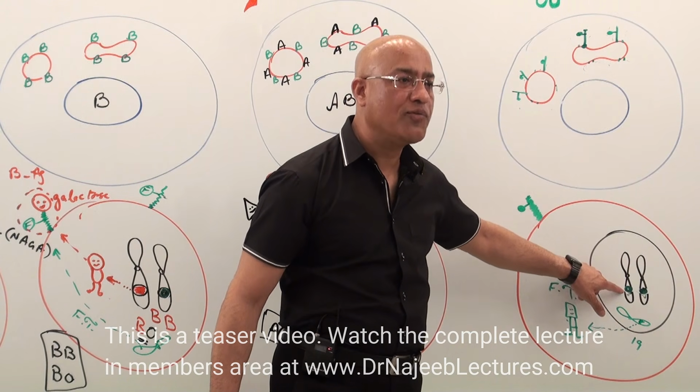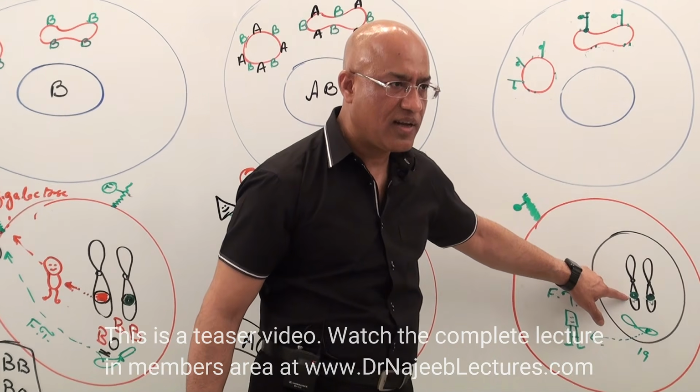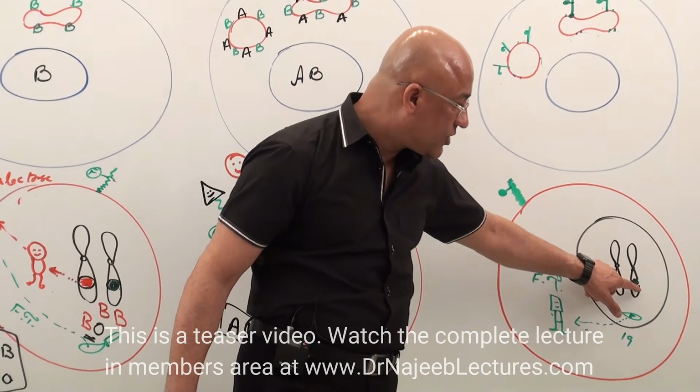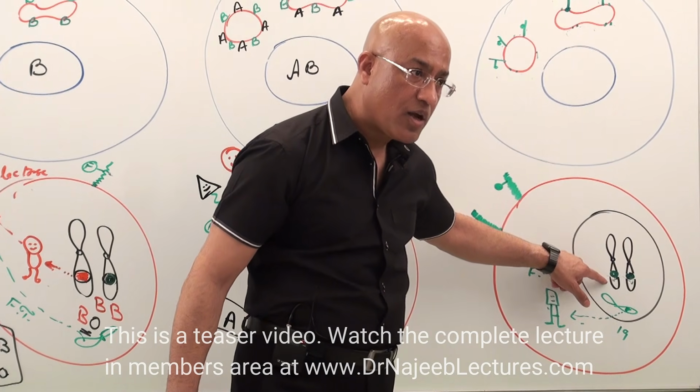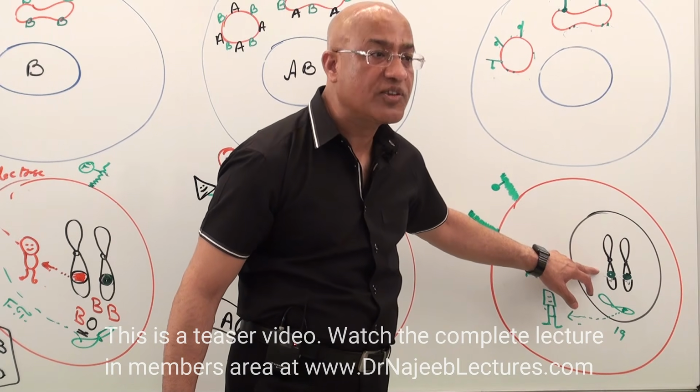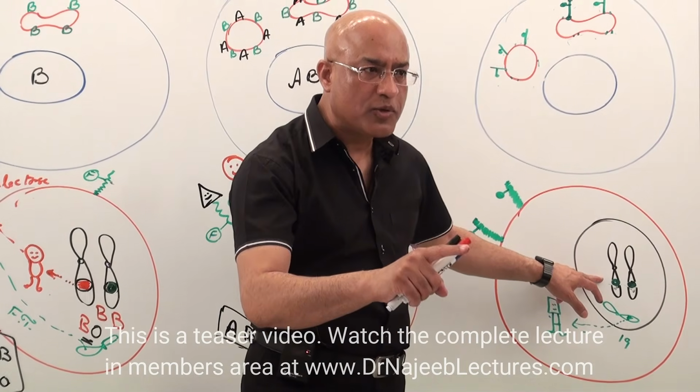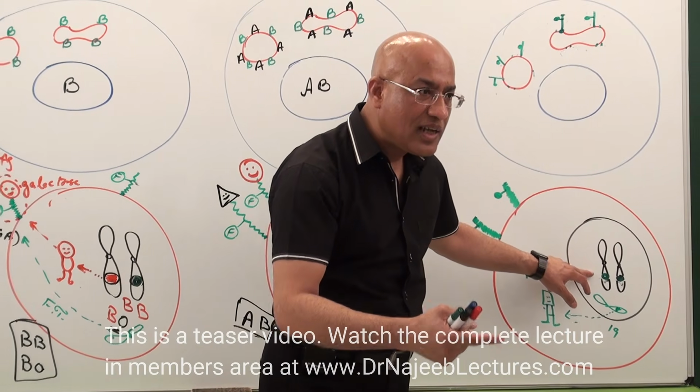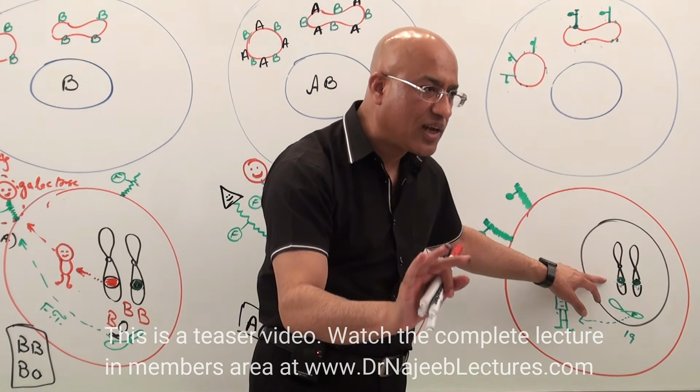So they are non-functional or minimally functional. So even though these genes are present over there, they cannot produce transferase A, and they cannot produce transferase B, and whatever they are producing is not functional.